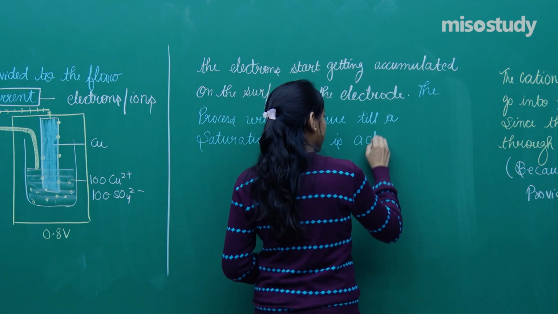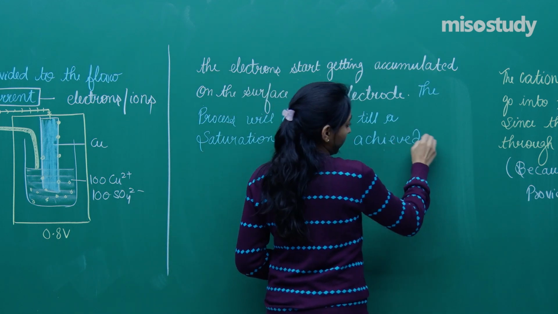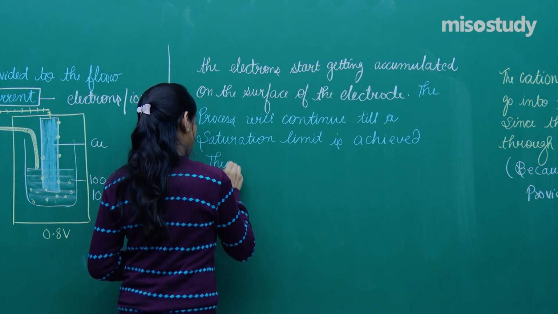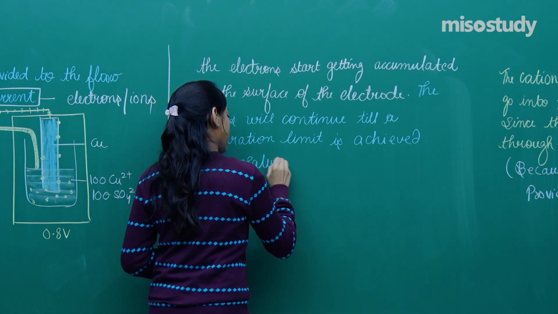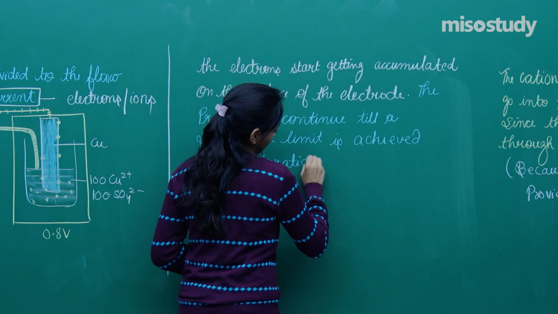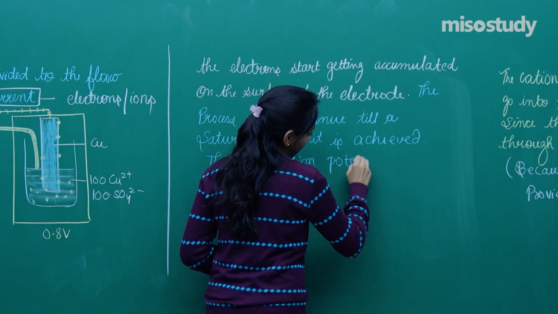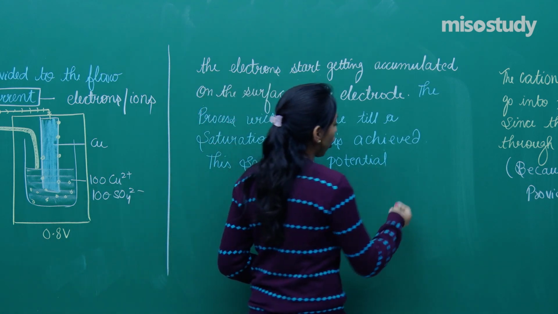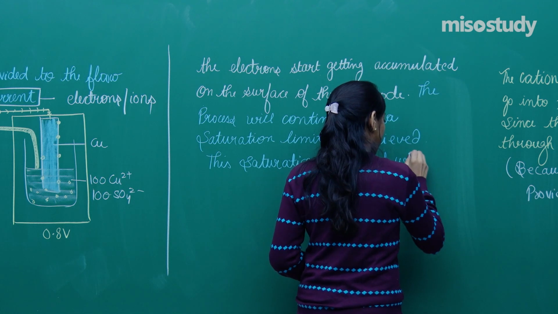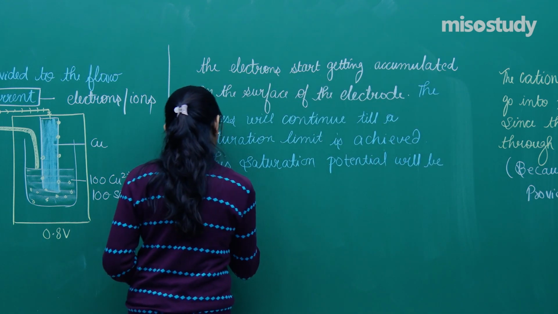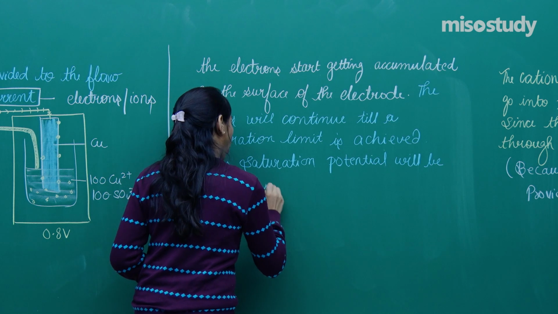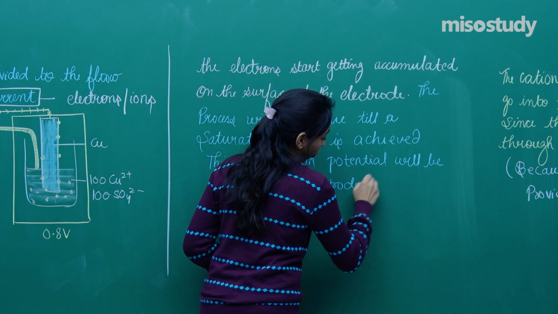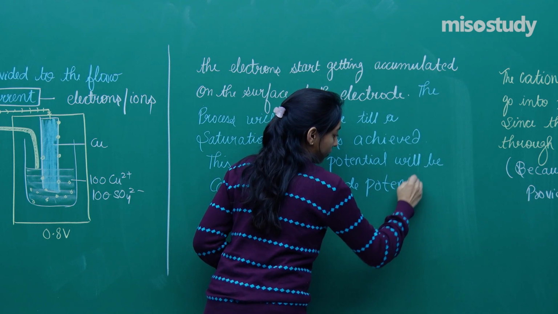So this saturation potential will be called the electrode potential.